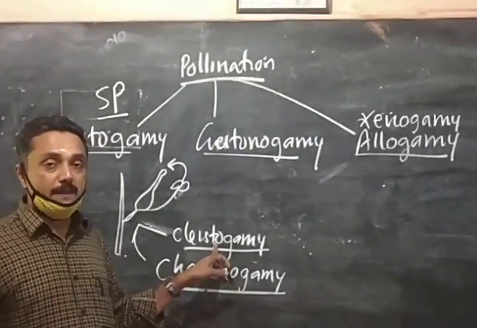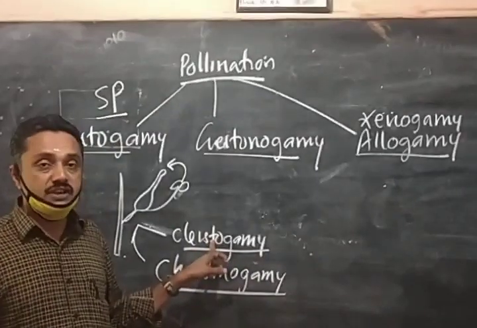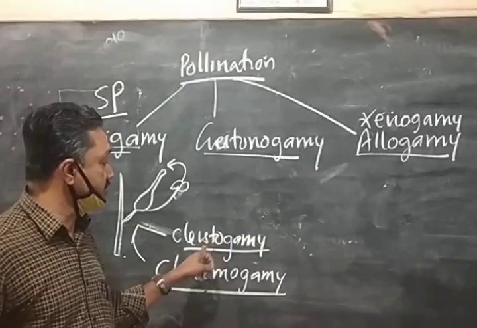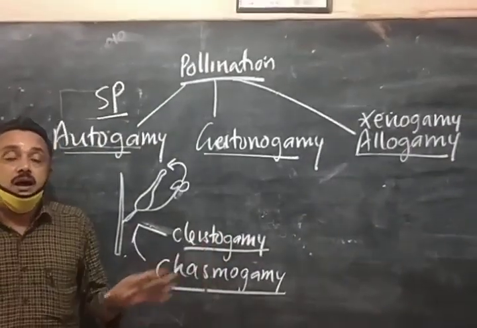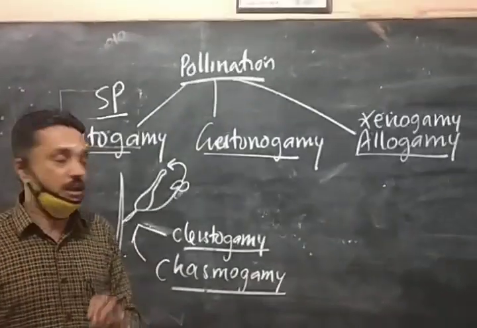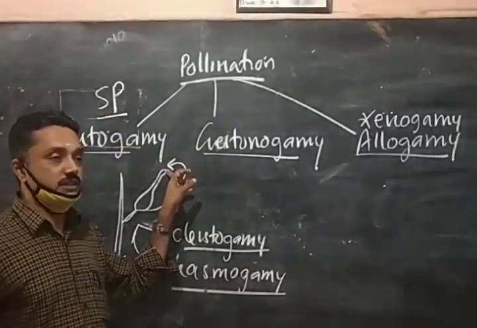In a cleistogamous flower, there is no chance of external pollen grains coming in. There is no other type of pollination, only self-pollination is possible, because the same pollen grains fall on the same stigma.